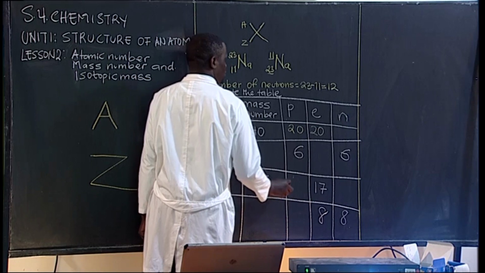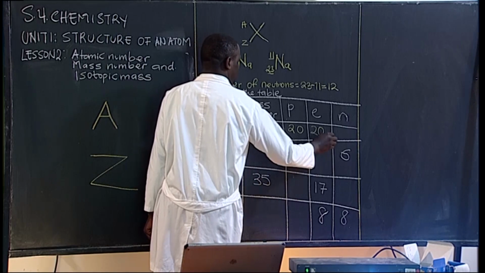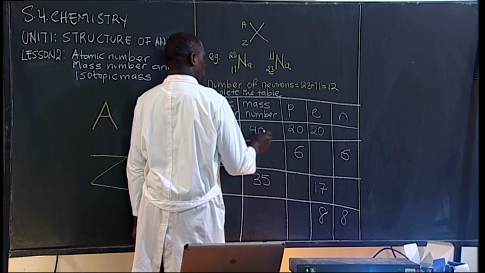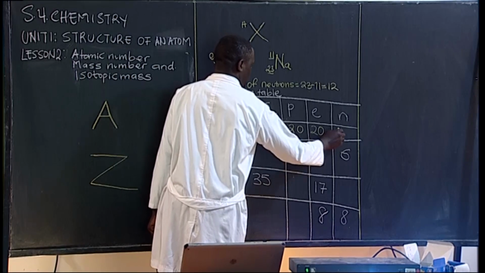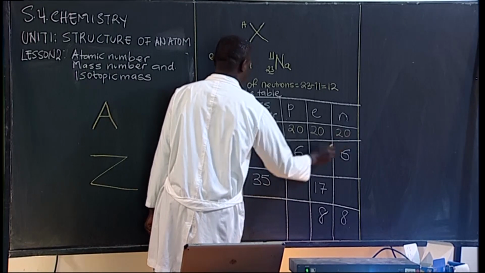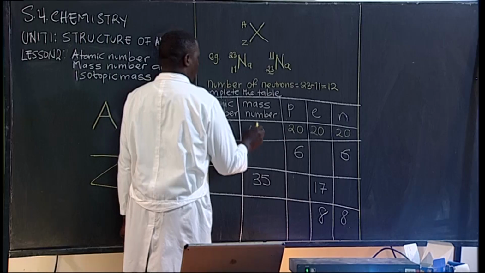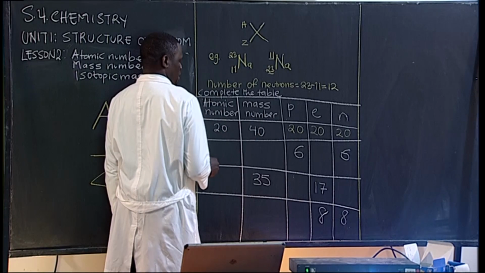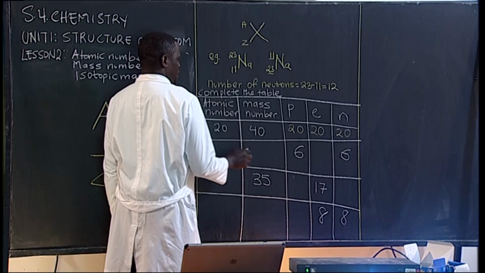Then the neutrons will obviously again be 20. Why 20? Because neutrons is equal to mass number minus atomic number.